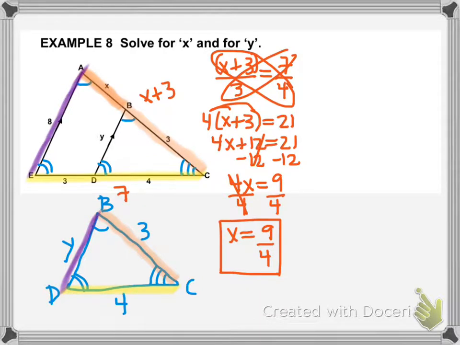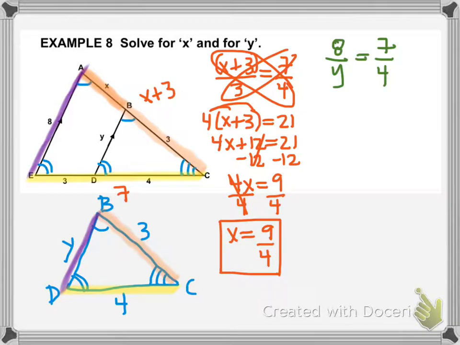So I'm going to start off by making a ratio with those two. I'm going to be consistent with my other proportion and put the top triangle over the bottom triangle, so that would be 8 over Y. Then I can use those two yellow sides again, because those have just numbers, for the other side of my proportion, which was 7 and 4.